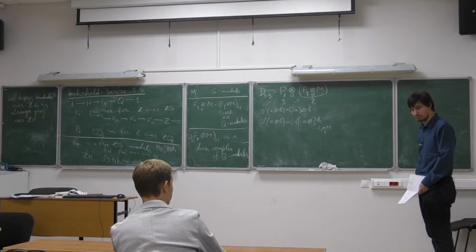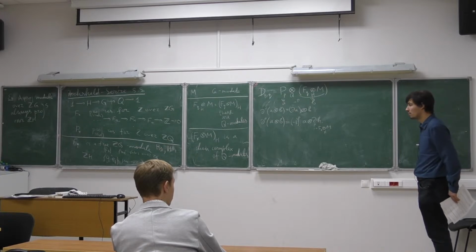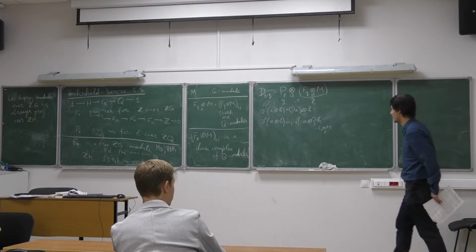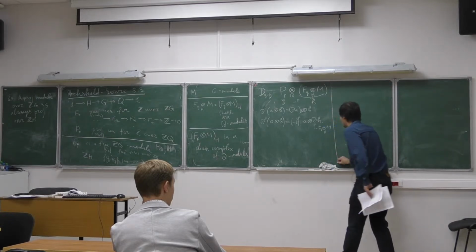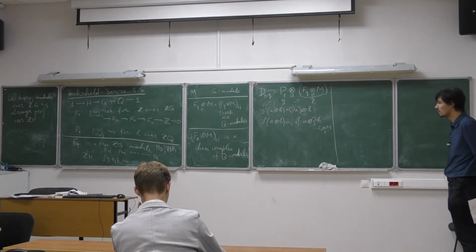So we have this double complex, and we can start studying the spectral sequence as we constructed in the previous part of the lecture. Let us look at what we can say about the corresponding spectral sequence.